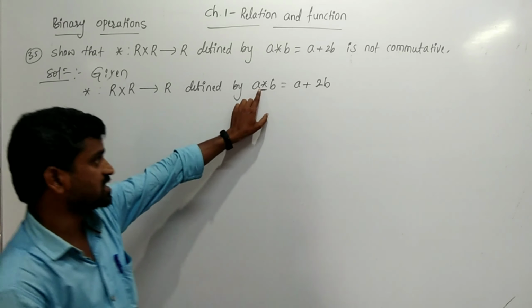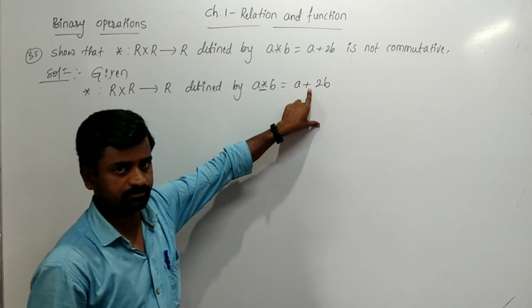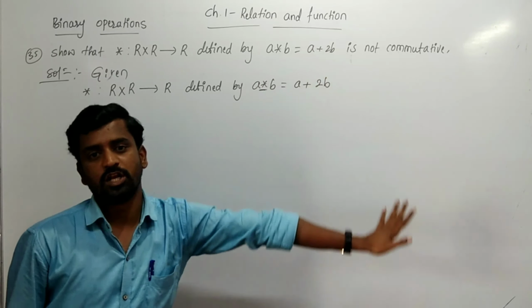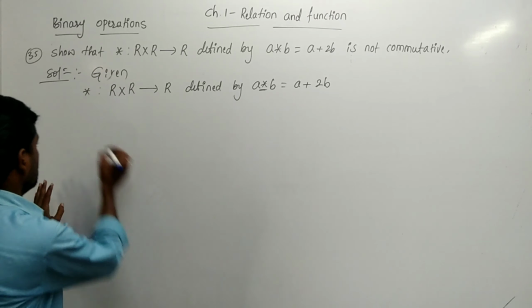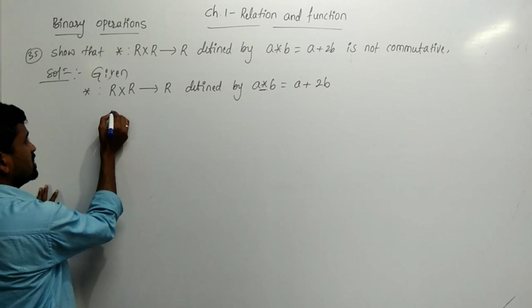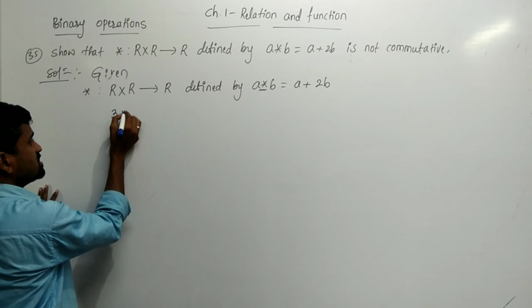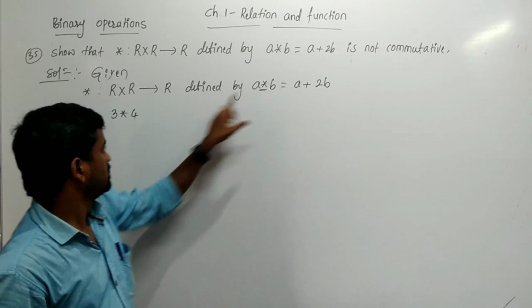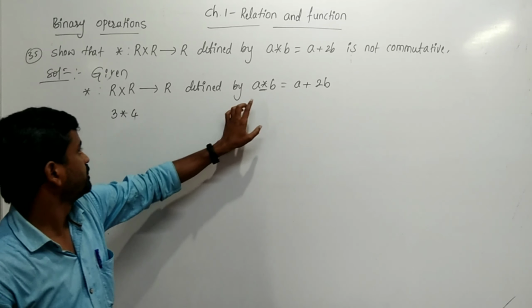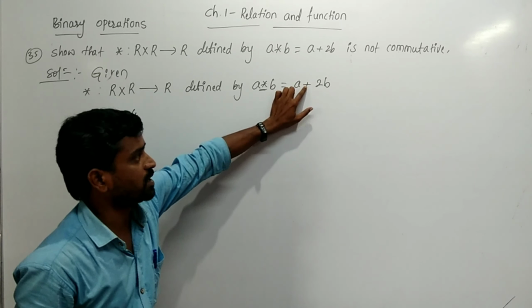Is not a commutative. A commutative नहीं है. Example देना है. See, 3 star 4. Sorry, A star B is A plus 2B.